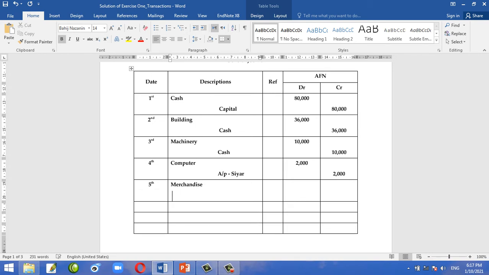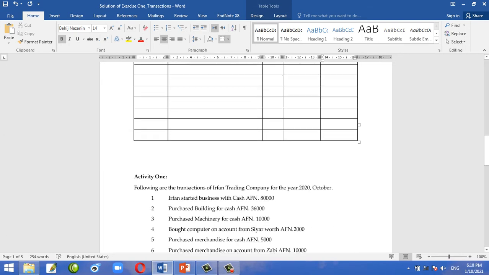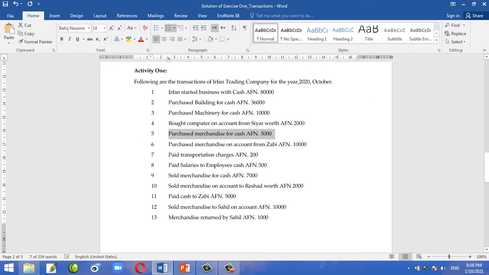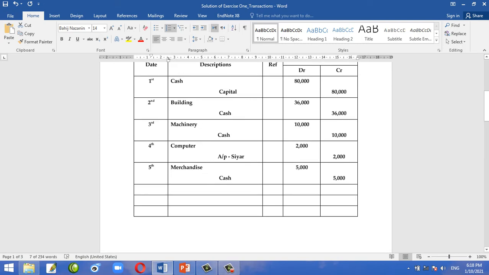If you remember, we have illustrated these terminologies in the previous classes. So we have received merchandise worth 5,000 Afghanis, but we have given the money as cash to the seller. That one is merchandise against money. So that one is the fifth transaction.